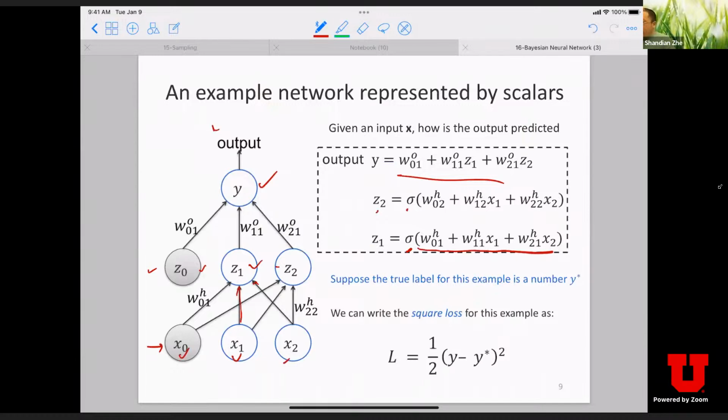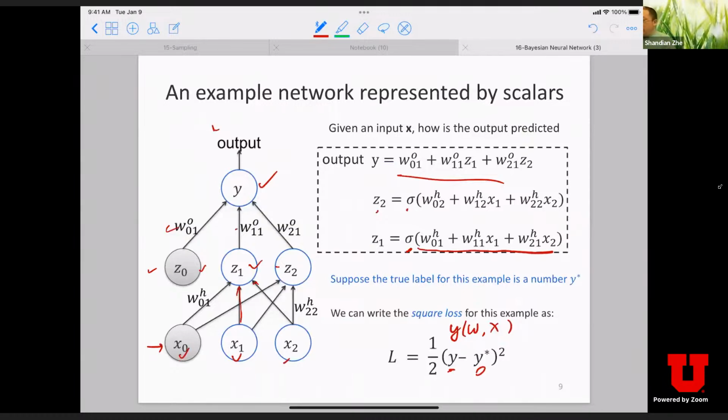Okay, and then how do we train our neural network? Namely, how do we estimate the weights on those edges? The standard way is to construct some loss function. You have your observed output y star, and your y is computed based upon the input and weights. So actually it is a function of the neural network weights and the input vector.